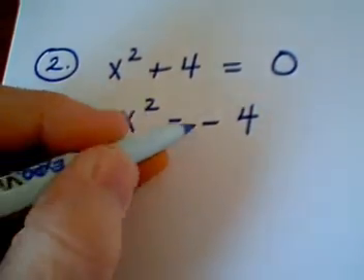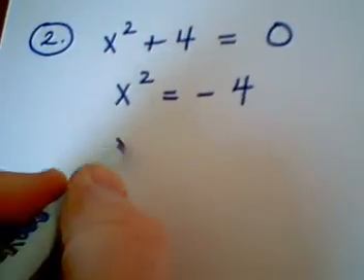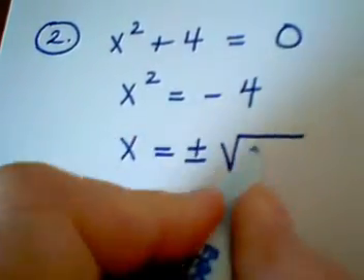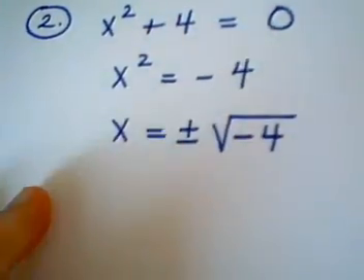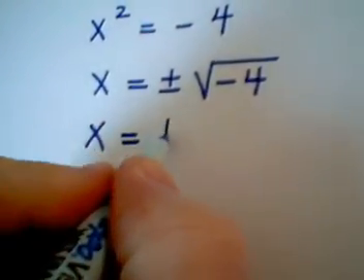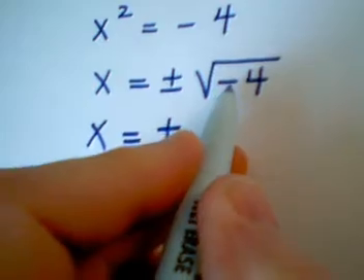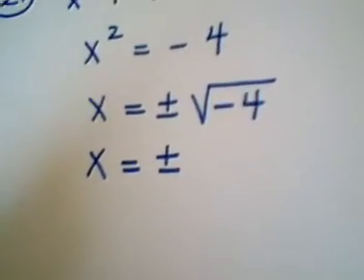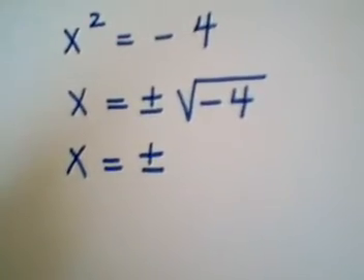If x squared is equal to a constant, then x is equal to plus or minus the square root of that constant. Now something that hopefully you'll notice here, when you have a negative under a square root, that is not a real number. That is going to turn out to be a complex number.